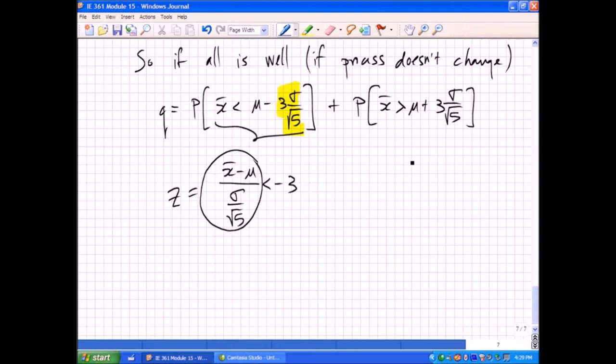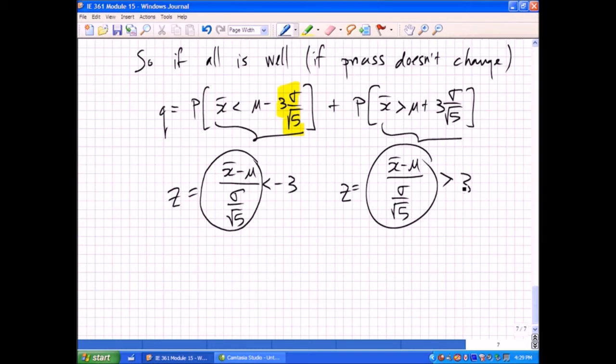Similarly over here, X-bar minus mu over sigma over square root of 5, which is a standard normal variable, is bigger than plus 3. And I've come around to the very simple fact that this Q is the probability associated with a z-value less than -3 plus the probability of a z-value bigger than +3.